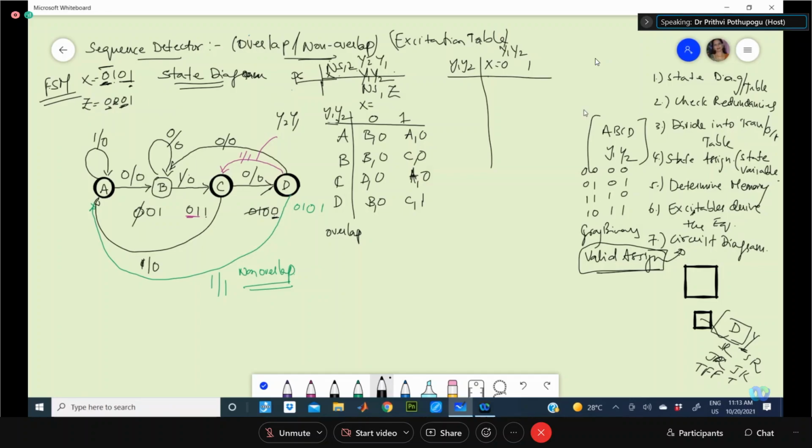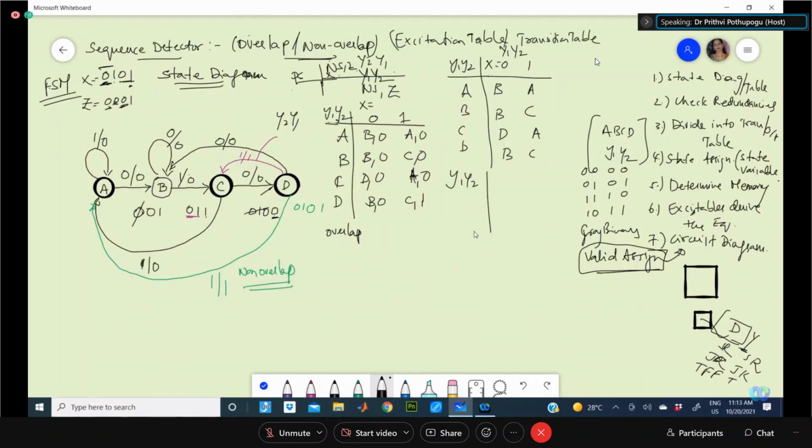That is one table, called the transition table. And this is your A, B, C, D. That means only states we take, the transition of one state to other state will be defined in the transition table. The other one is output table.